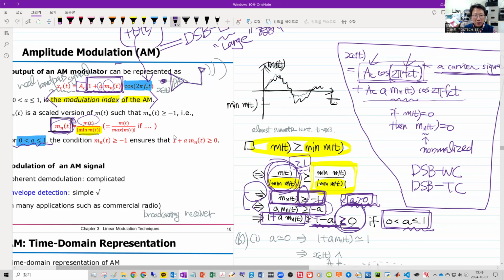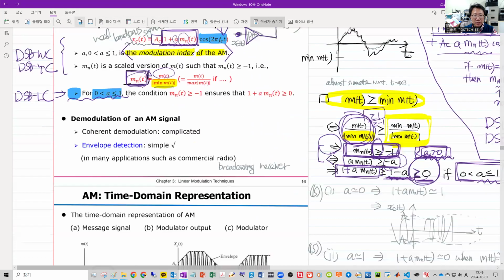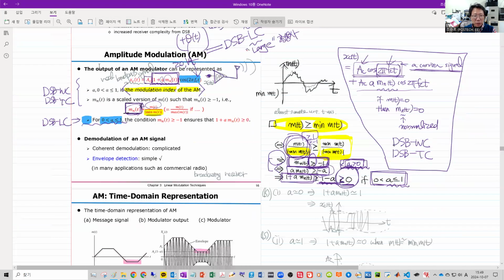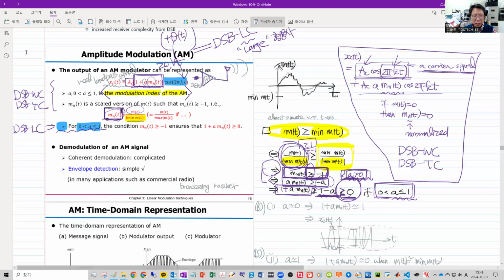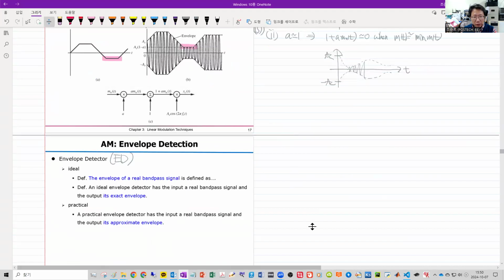Got it? Okay. This is the key. I know you got a lot confused if you see this definition of AM modulation first. And I also had that same confusion when I was at your age and taking this introduction to communication system. But anyway, let me just put a space because it's so crowded here.